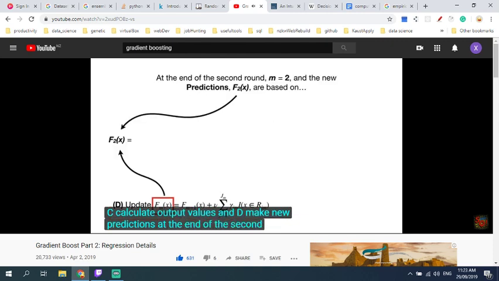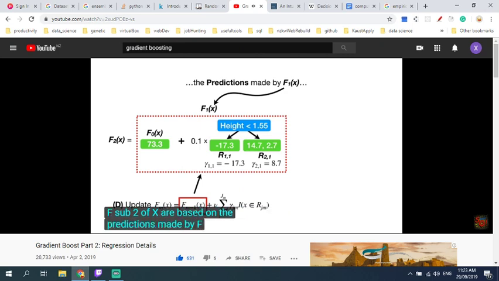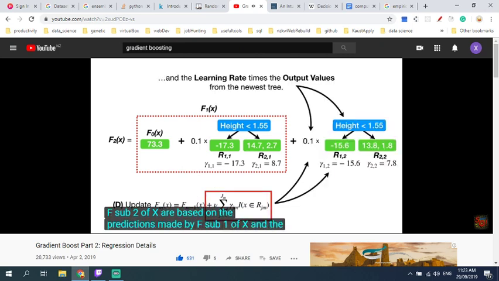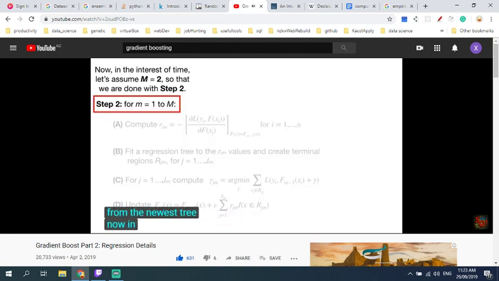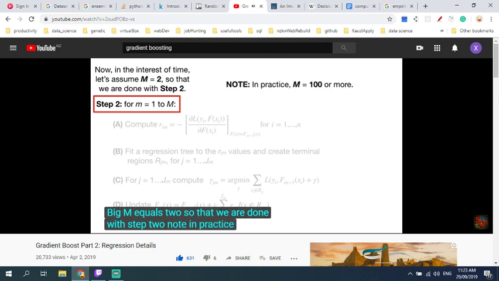At the end of the second round, m equals 2, and the new predictions, f sub 2 of x, are based on the predictions made by f sub 1 of x, and the learning rate times the output values from the newest tree. Now, in the interest of time, let's assume big M equals 2 so that we are done with step 2. Note, in practice, big M equals 100 or more.